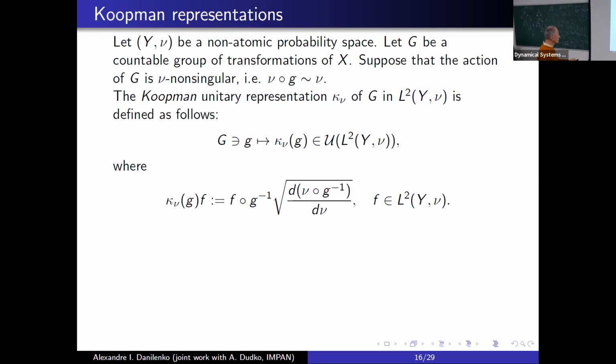Here is the definition. If G is a countable group of transformations on X, and every transformation preserves the class of mu, then we can construct a Koopman unitary representation of G in L2(X, mu) by the well-known formula.